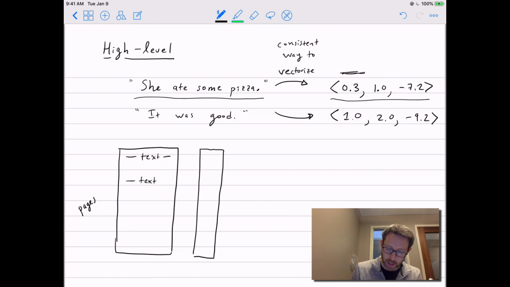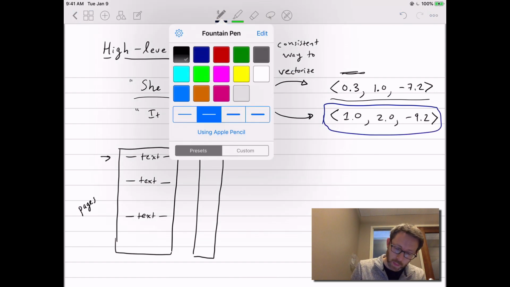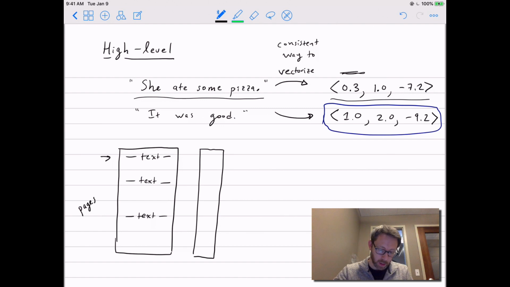And I'm writing text here, but what I mean is the vectorized text of each of these web pages is in that matrix. So each of these rows corresponds to one of these vectors. And then back here, there will be some kind of labels.